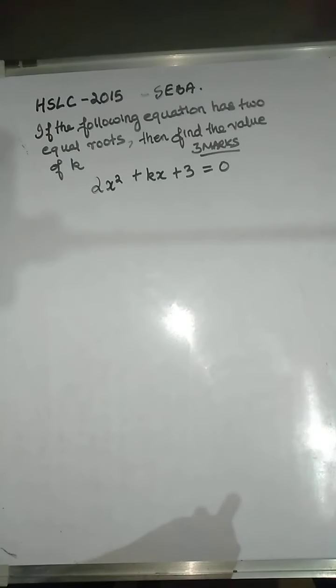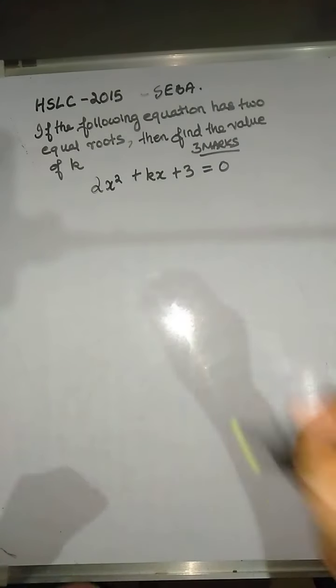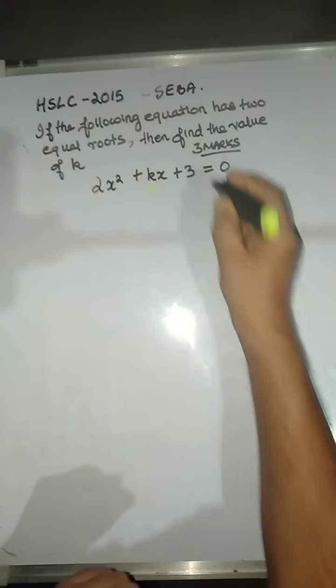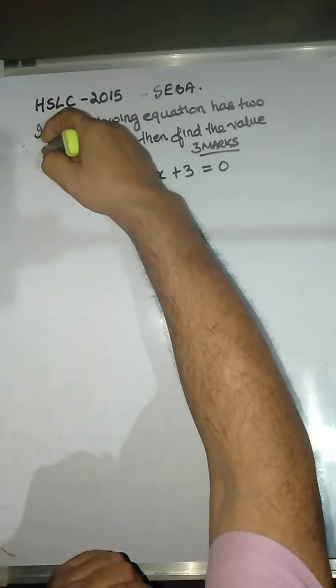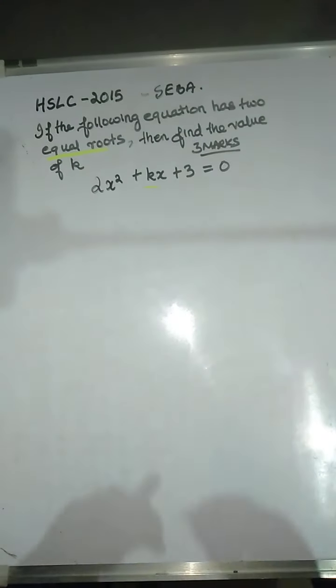We would need to find what is the value of k, and the clue is that the equation has two equal roots. The hint is the equal roots. Now we would need to have pre-existing knowledge.